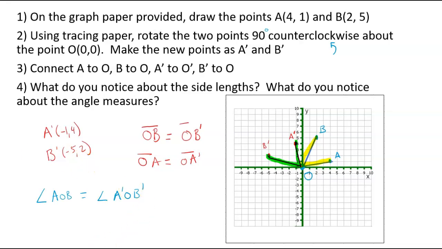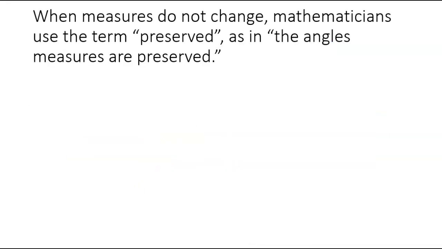So in your notes or on your resource page, I would like you to copy this down. When measures do not change, right? Measures meaning angles or side lengths do not change. Mathematicians use the term preserved, as in I can say the angle measures are preserved.